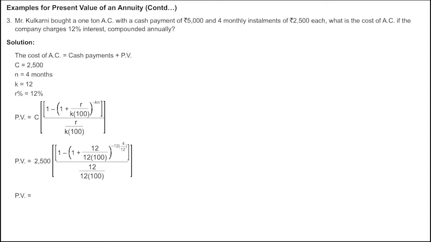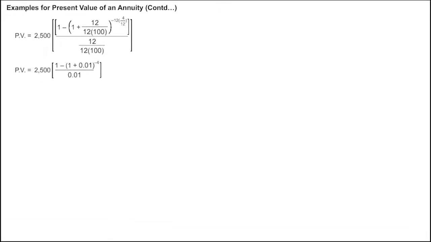So we get present value equal to 2500 into the bracket 1 minus 1 plus 0.01 whole raised to the power minus 4 divided by 0.01, which will give us 2500 into 1 minus 1.01 whole raised to the power minus 4 divided by 0.01. The value of 1.01 raised to the power minus 4 is 0.960980344.